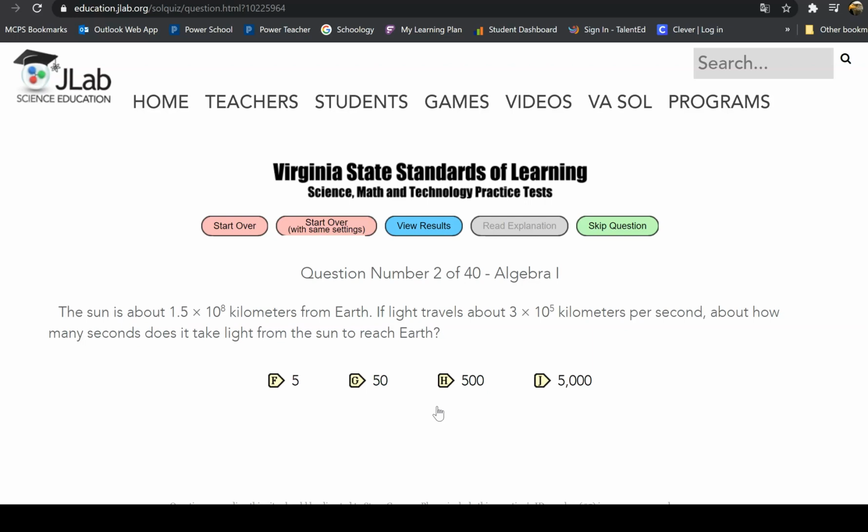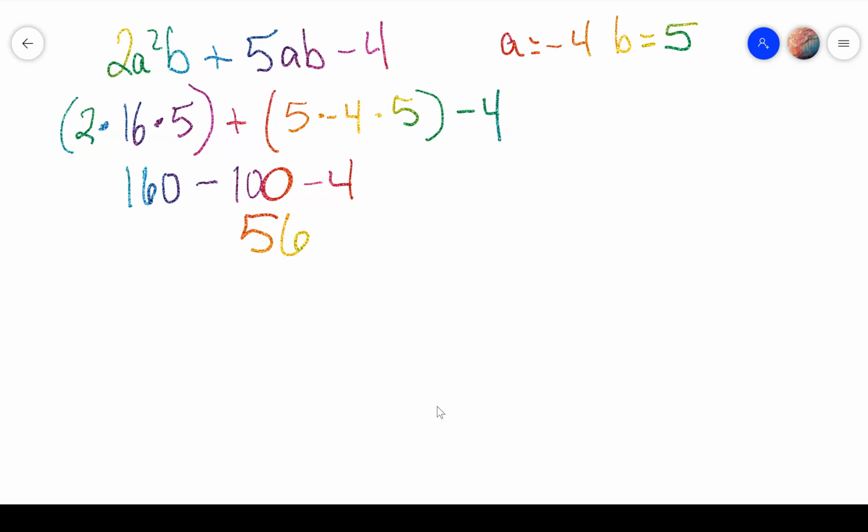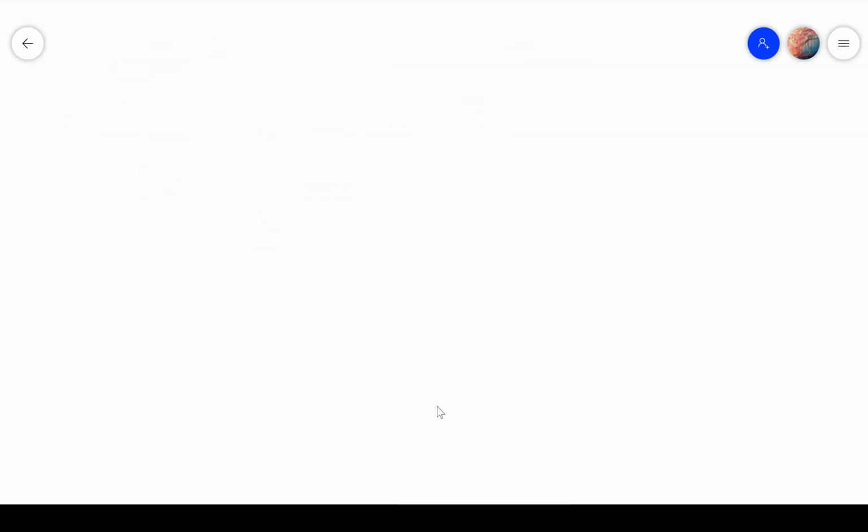Ooh. Scientific notation. So let me explain scientific notation real quick as I get tongue-tied. So if you have a number that's a pretty big number to deal with, 1,560,348.